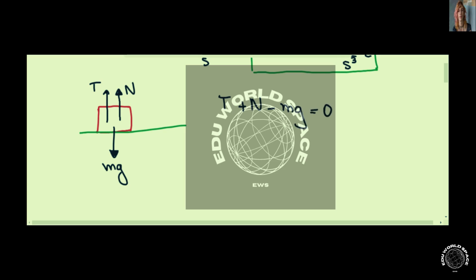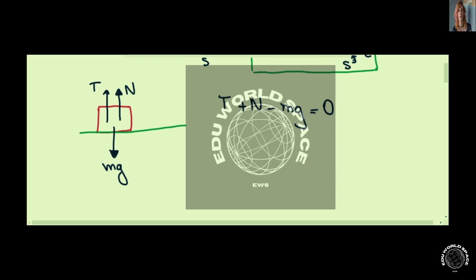And notice that this is equal to ma, I'm sorry for that. But a, when the block is on the ground, is equal to 0, because the block stays on the ground. So we can say that this equation here is equal to 0.